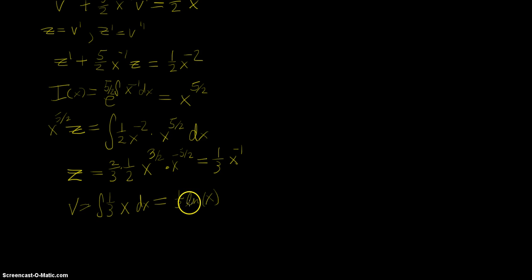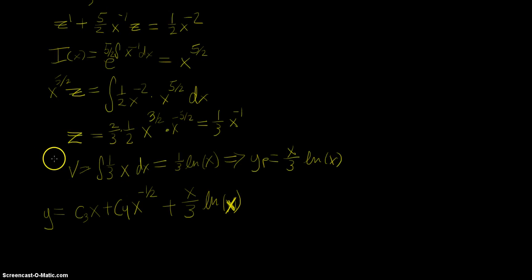That gives us the integral of 1/3 x inverse dx, which is 1/3 log x. And since yp equals v times x, we get yp is x over 3 times log x. And our solution in its entirety is yp plus yc as shown.